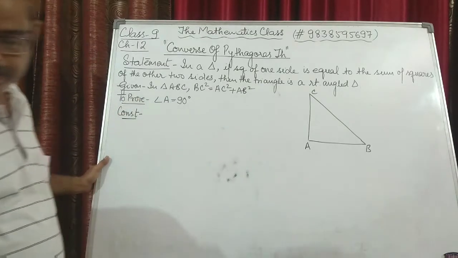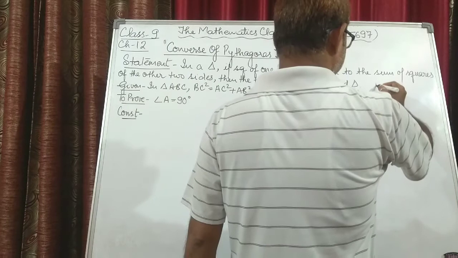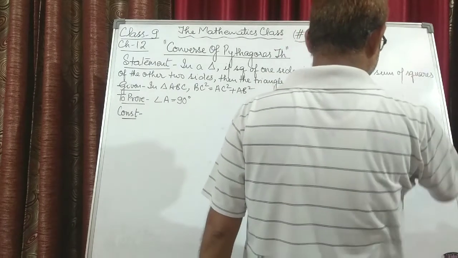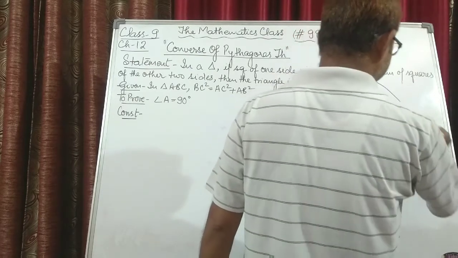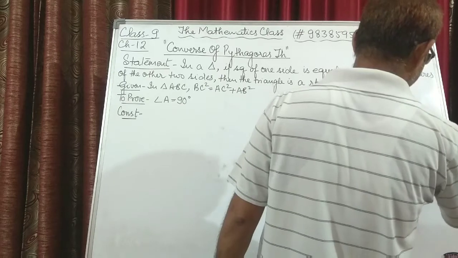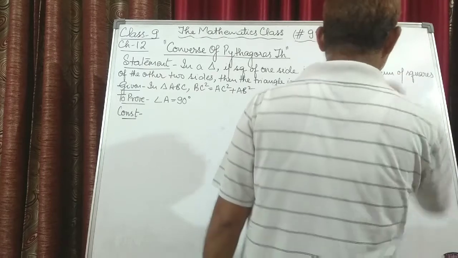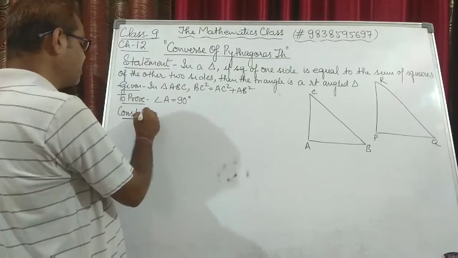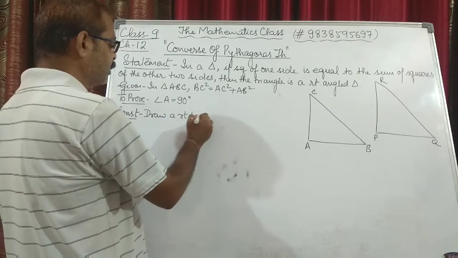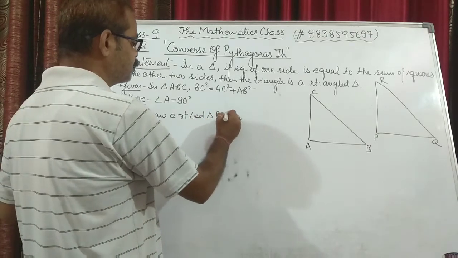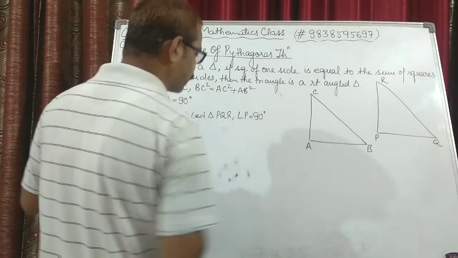In the construction part, we will draw another triangle, let us name it PQR. In the construction, first of all, draw a right angled triangle PQR where angle P is equal to 90 degrees.